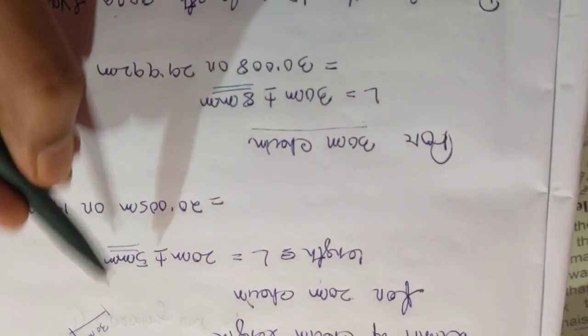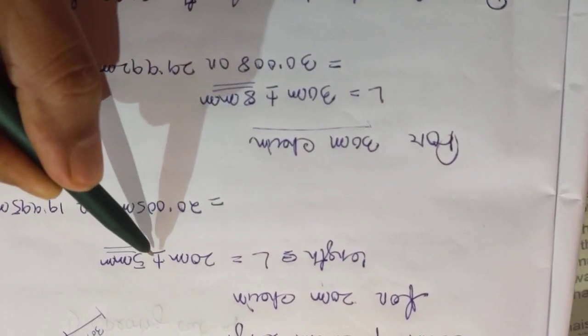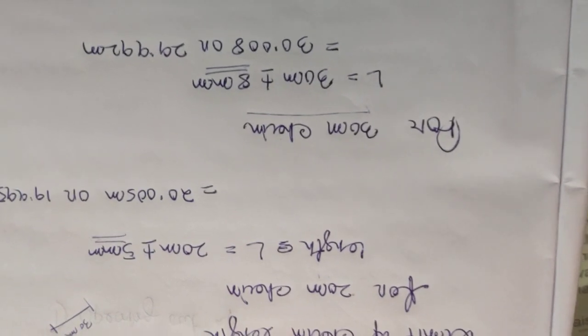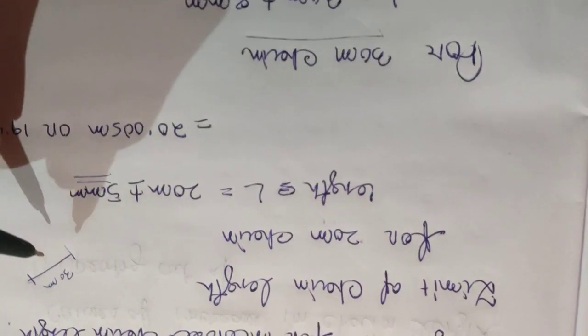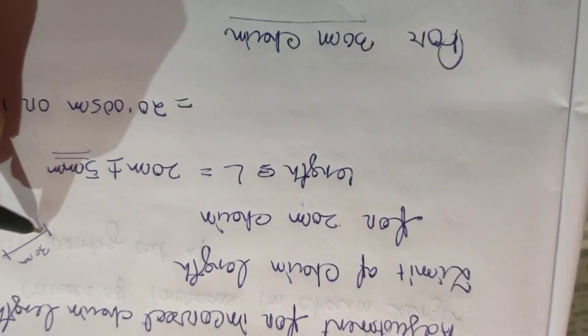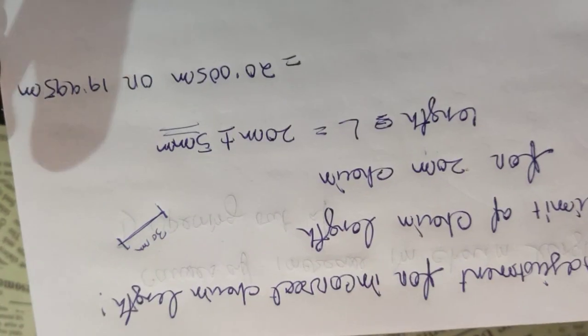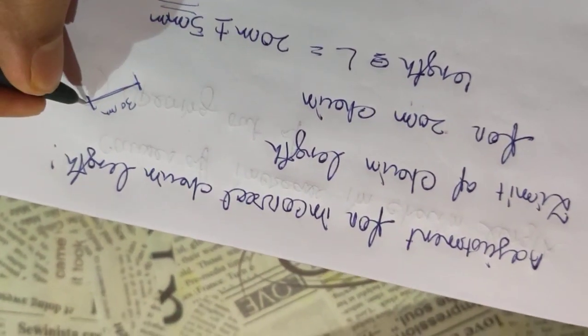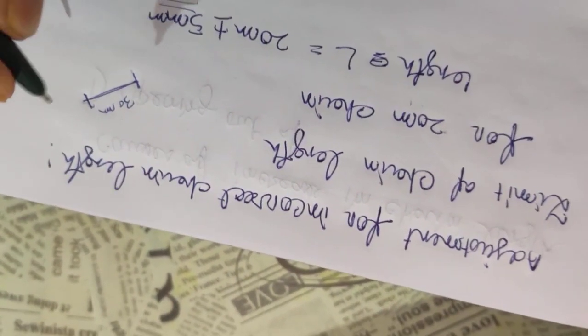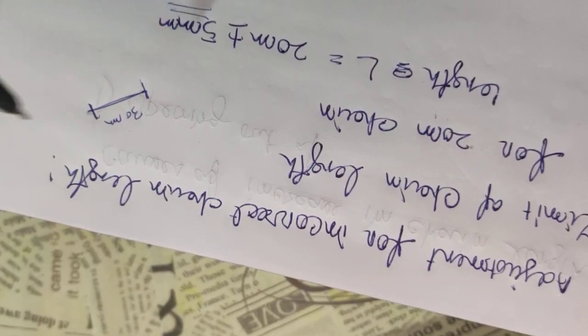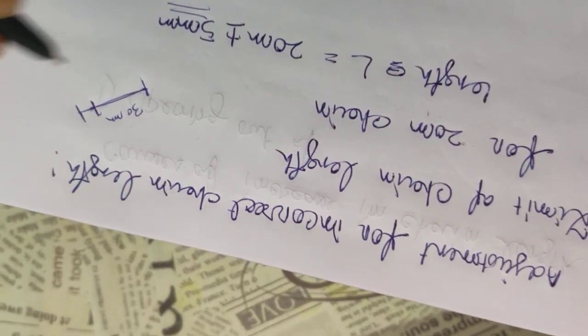Now the question is when the correction is going to be positive and when it is going to be negative. Suppose we are using a chain that is supposed to be 30 meter, but the chain that we are using is lengthy. We don't know. We are thinking it to be 30 meter, but it is not 30 meter. It is lengthier than 30 meter.